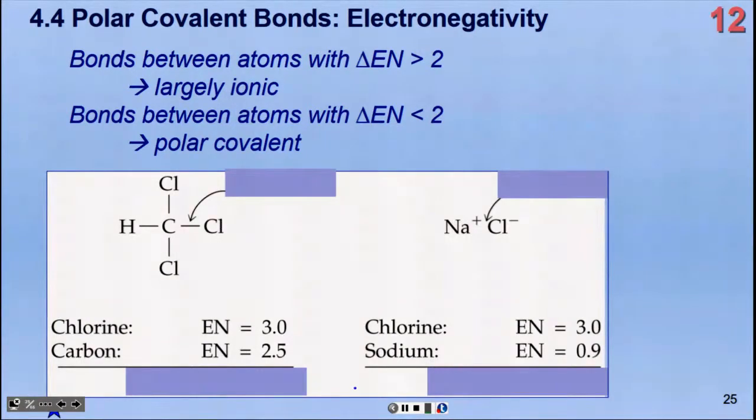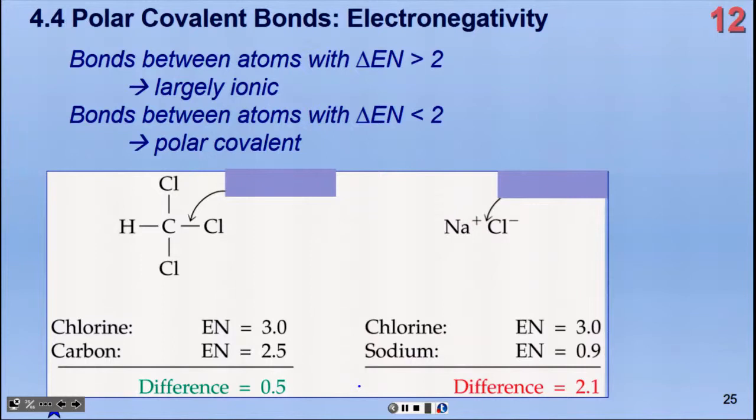So if you have a molecule that contains 3 chlorines, a carbon, and a hydrogen, and we're going to look at the bond between the chlorine and the carbon, you look up their electronegativity values. So the carbon-chlorine bond difference is going to be 0.5, between 3.0 and 2.5. And again, that's a smallish value, so we're going to compare it to sodium chloride.